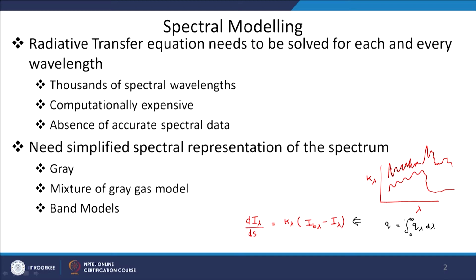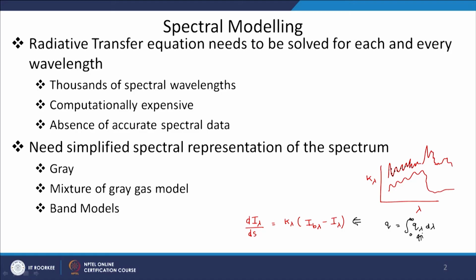This is going to be very expensive, because calculation of a single q lambda is expensive, as we have seen in many methods, be it spherical harmonics or discrete ordinates, whatever method we choose. If we have to repeat these calculations again and again for a large number of wavelengths, then the radiation problem will become very expensive computationally.